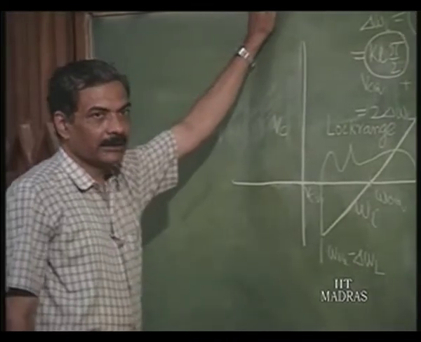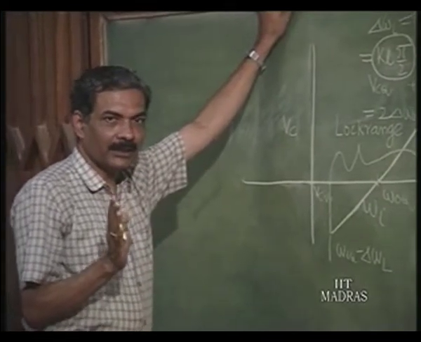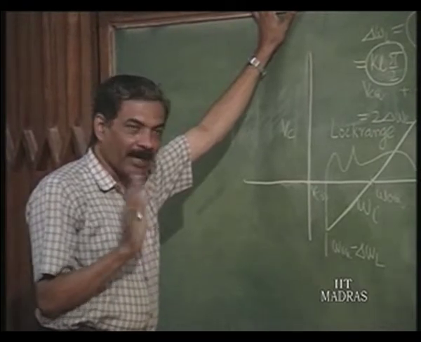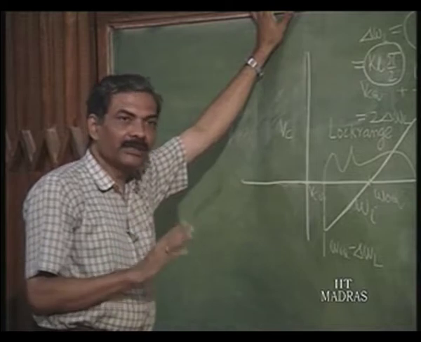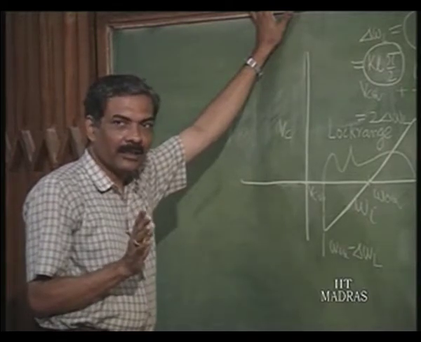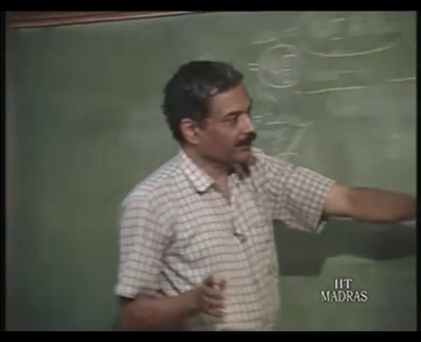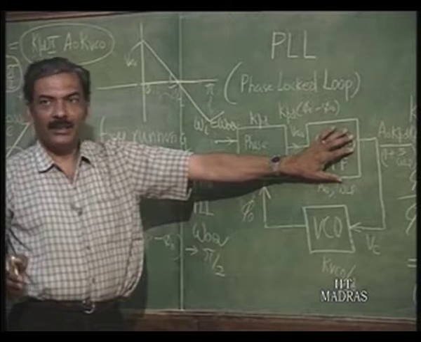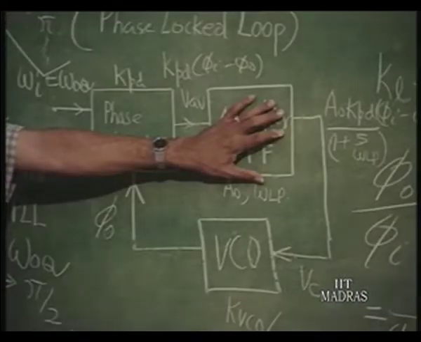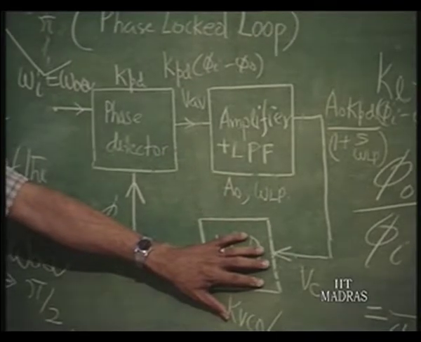The condition for this is only if the amplifier does not go to saturation before that and the VCO continues to free run up to that frequency without any problem. That means the ranges of the VCO and amplifier should not limit the lock range to lower than this, otherwise these will limit the lock range.